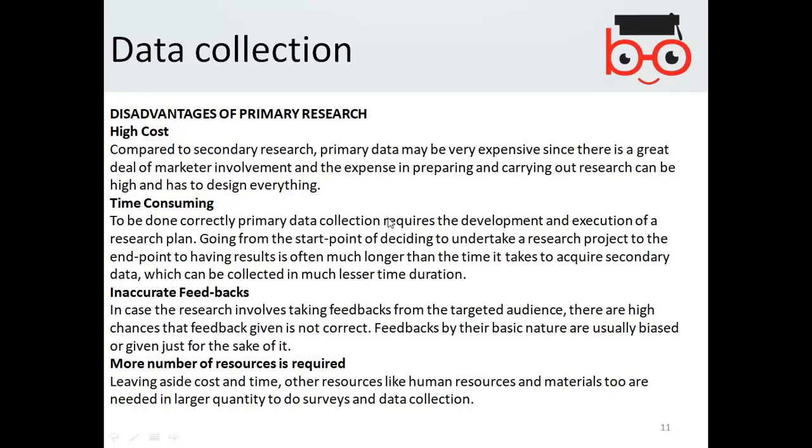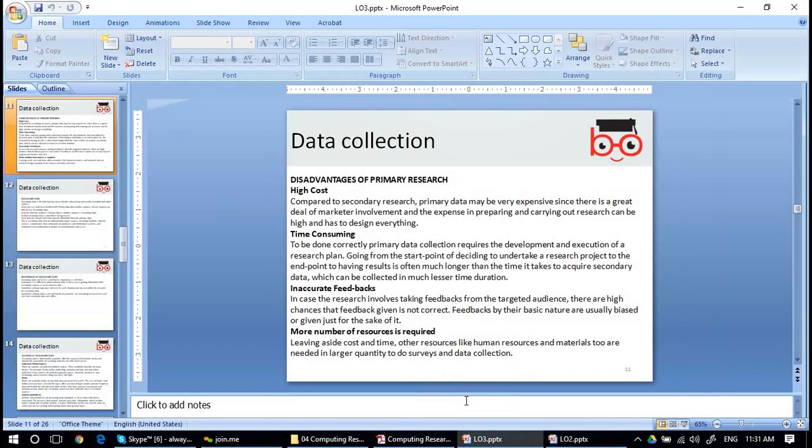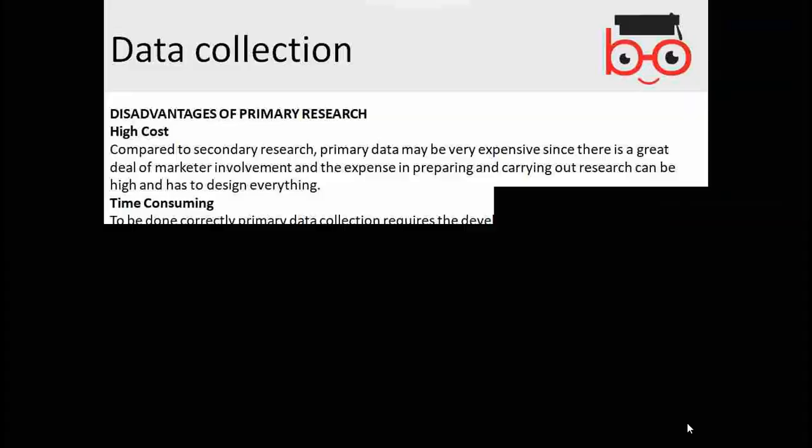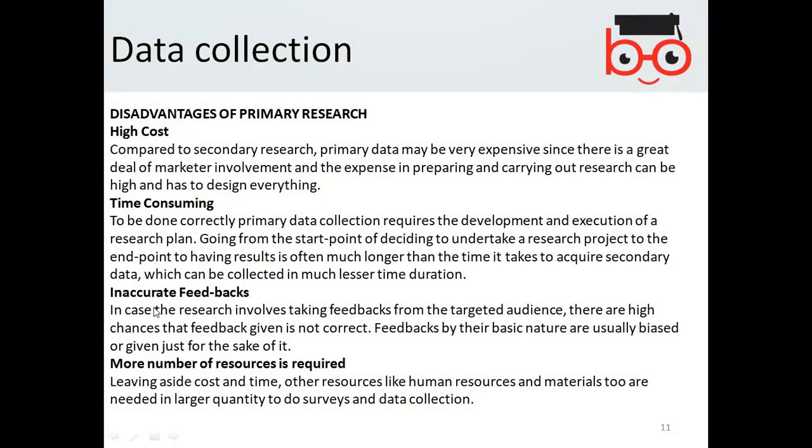Inaccurate feedback: there is the possibility that you might get inaccurate feedback in research. In case the research involves taking feedback from the targeted audience, there are high chances that the feedback given is not correct. Possibly the feedback, by its basic nature, is usually biased or given just for the sake of it.